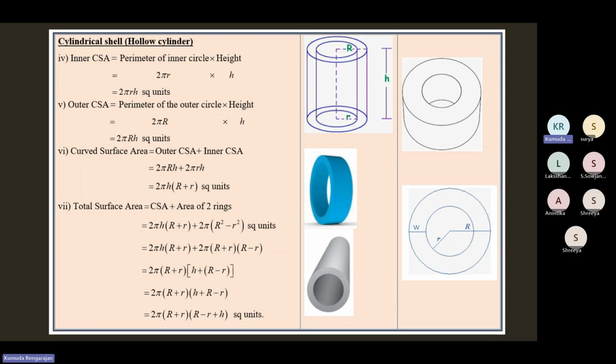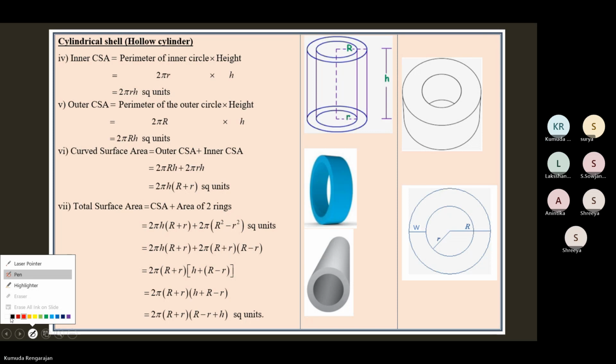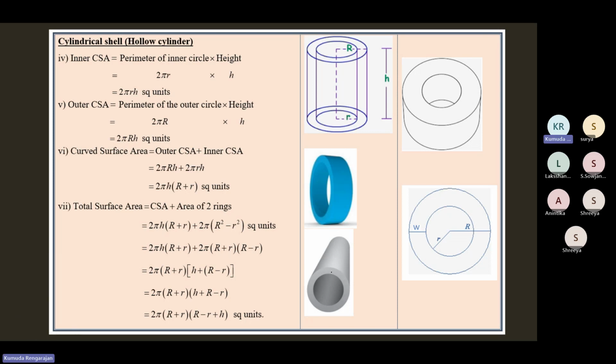All right, children. So this one is a hollow cylindrical pipe. Now, a band of sellotape will look like this, no?